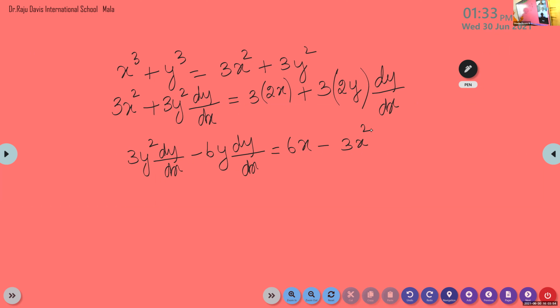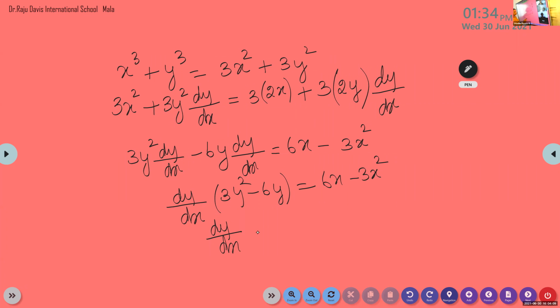So from here, taking dy by dx as common, 3y square minus 6y is equal to 6x minus 3x square. That is, dy by dx is equal to 6x minus 3x square by 3y square minus 6y.